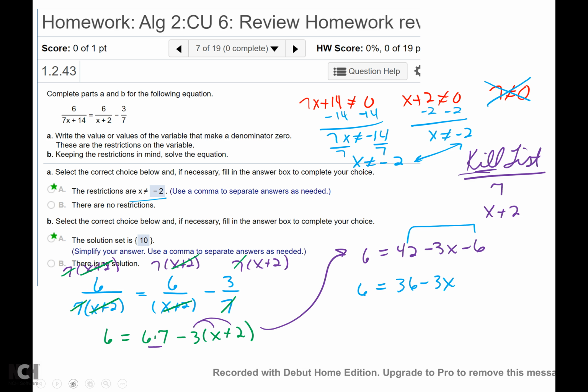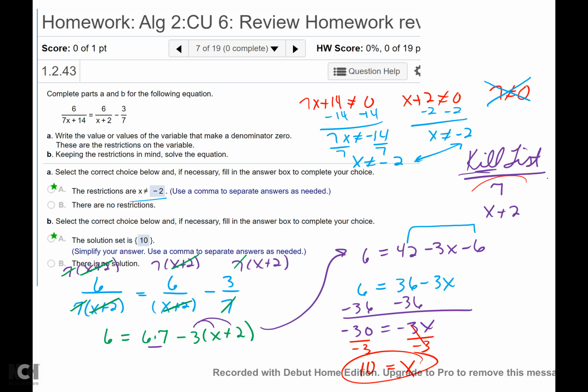To get x alone, I'm going to minus 36, that gives me negative 30 equals negative 3x. Divide by negative 3, and x equals 10. And as long as it's not in my list, which says x can't be negative 2, we already found that out, so I can keep my answer.